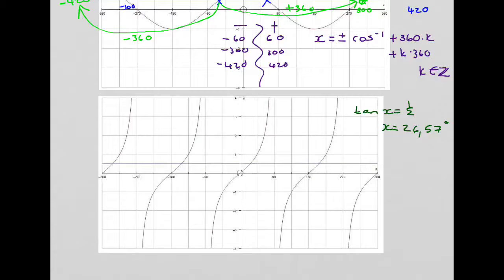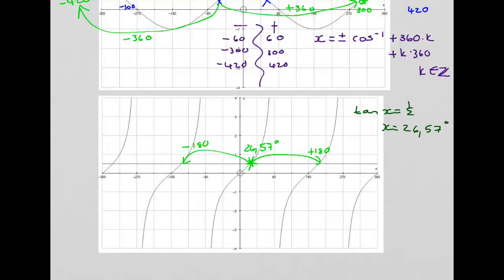Tan is the easiest because it doesn't have a change in direction. So once we work out what that first acute angle is, which in this case is 26,57 degrees, tan will go every 180 degrees. So you add 180 or you subtract 180.